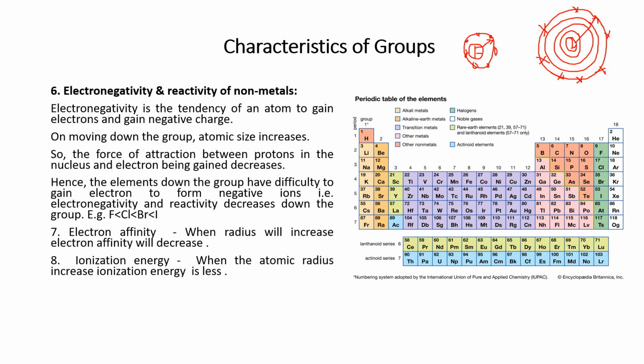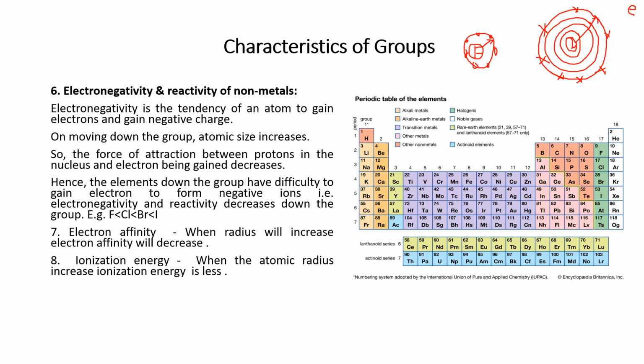Then we can discuss electron affinity. When radius increases, electron affinity will decrease. Same thing: the radius of iodine will increase, so electron affinity, that means the power of attraction of electron, decreases.